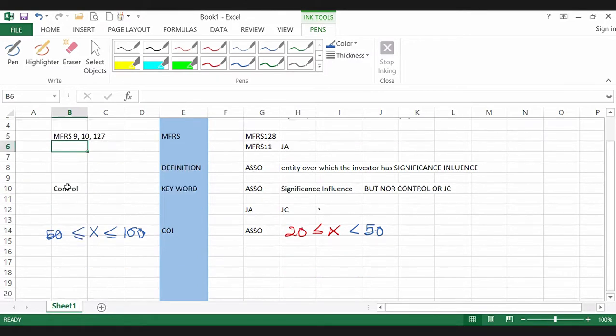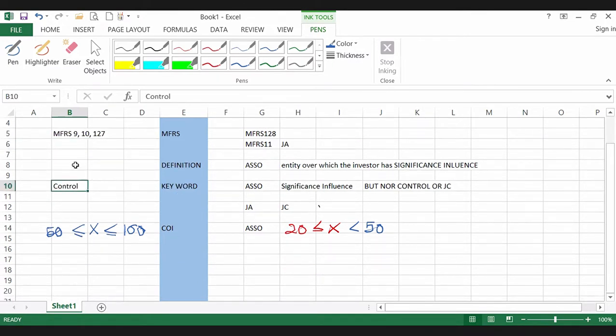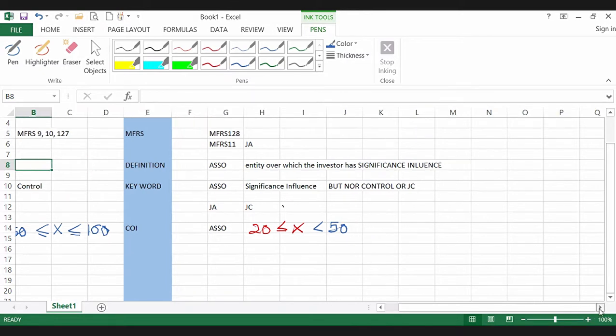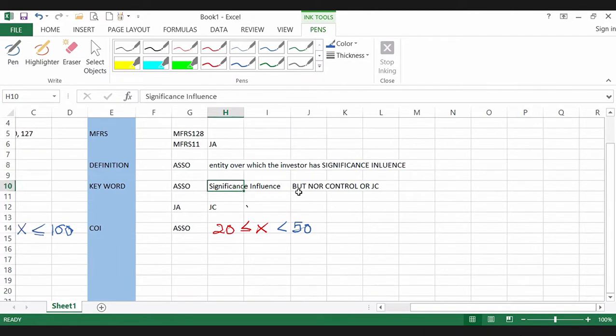So you need to have control. Go back: when the investor has control over the investee. And then what kind of significant influence do we want to know? What kind of criteria of significant influence? You can carry it further on page 504.